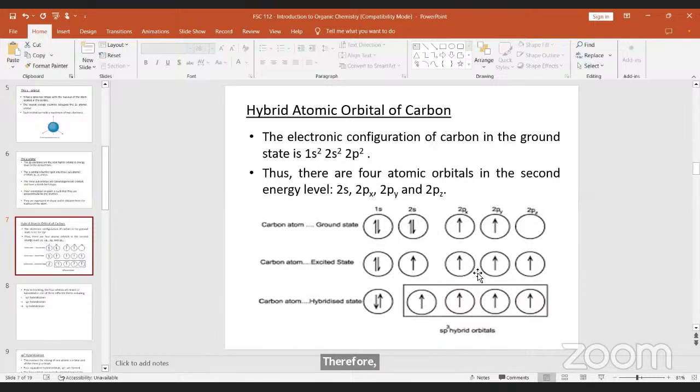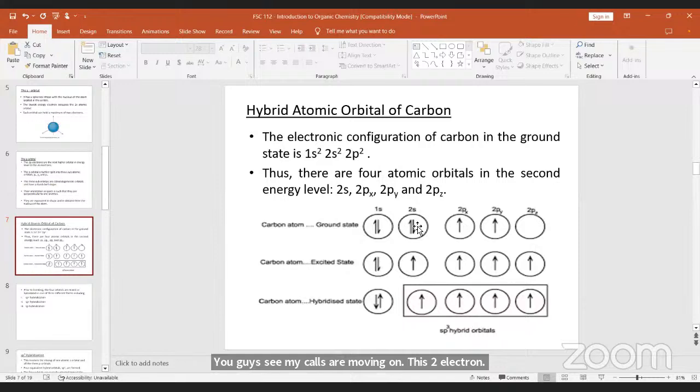something happens. Energy gotten from that excitation stage, we promote one of the 2s electron. You can see my cursor moving on this 2s electron.